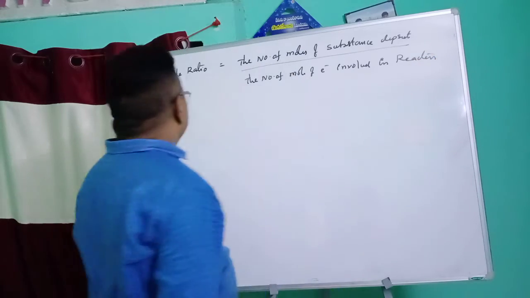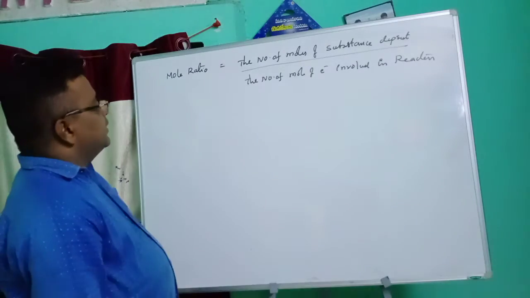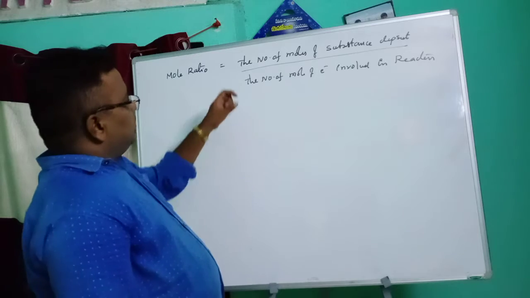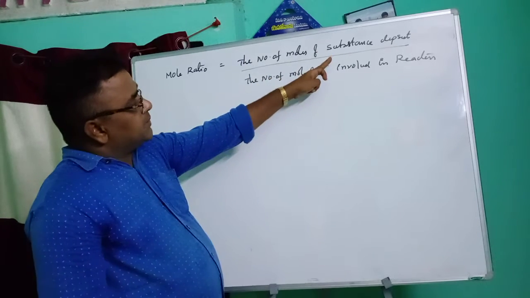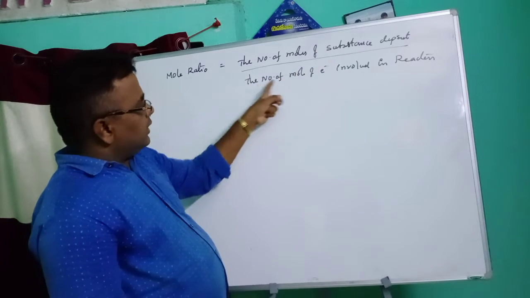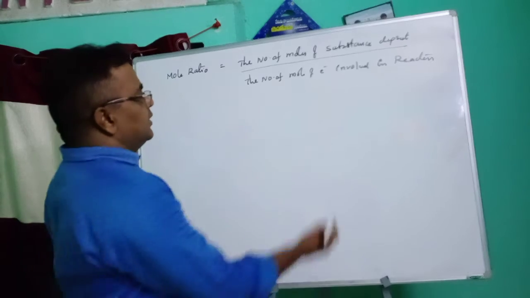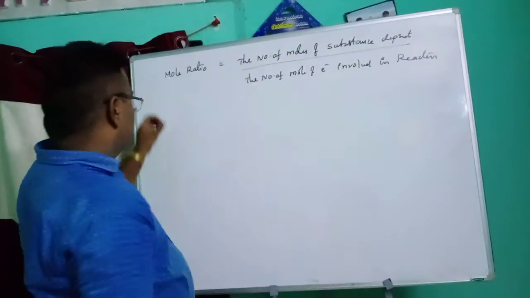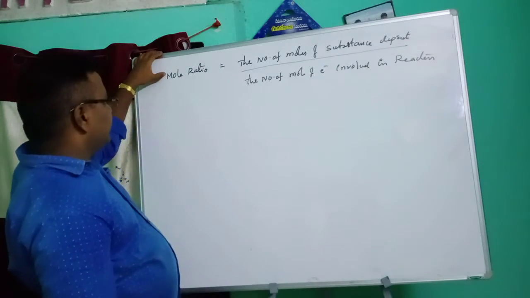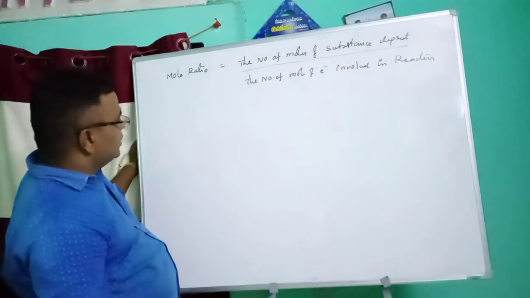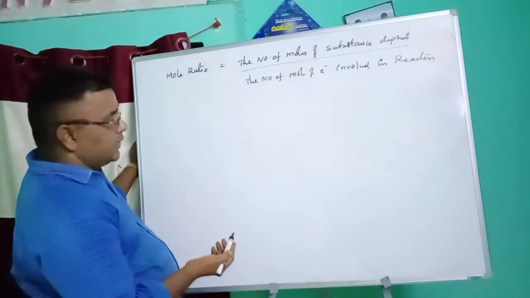So this is the mole ratio. We know that the mole ratio is the ratio of the number of moles of substance deposited to the number of moles of electrons involved in the reaction. Before we find out the mole ratio of aluminum and zinc, let me draw a diagram for this problem.